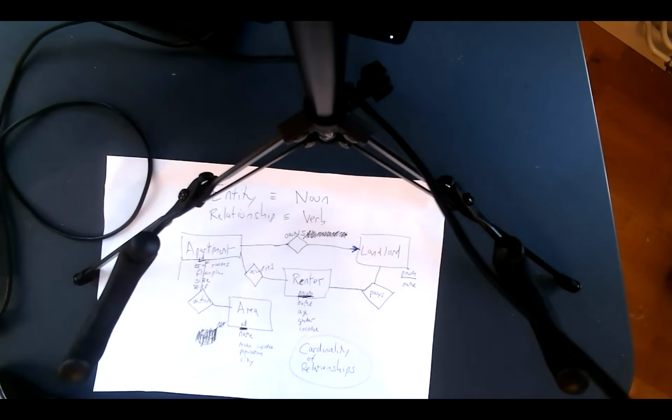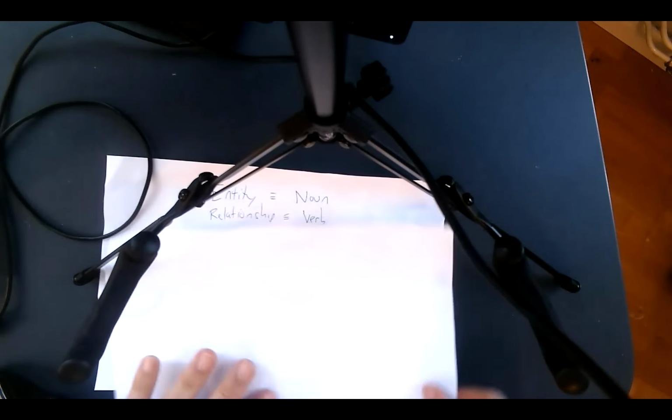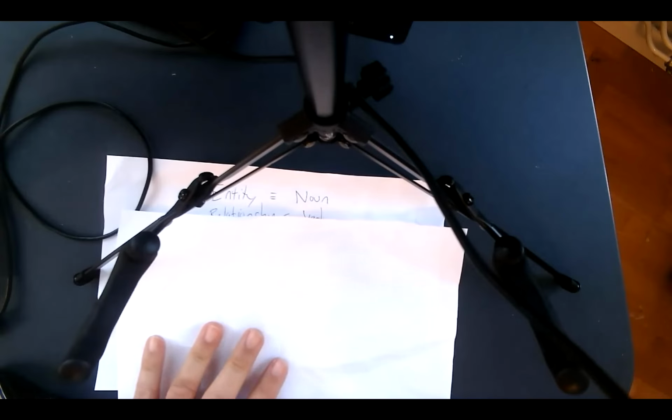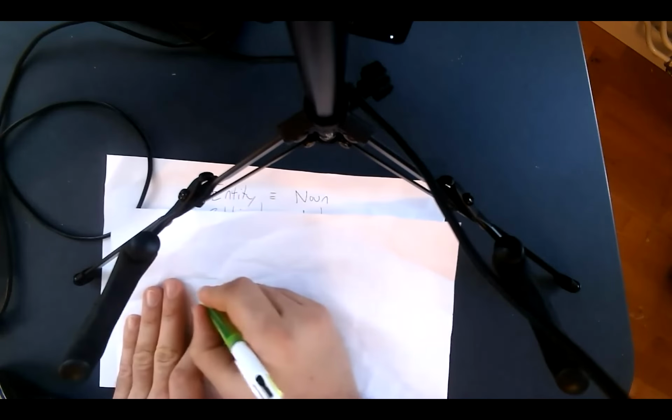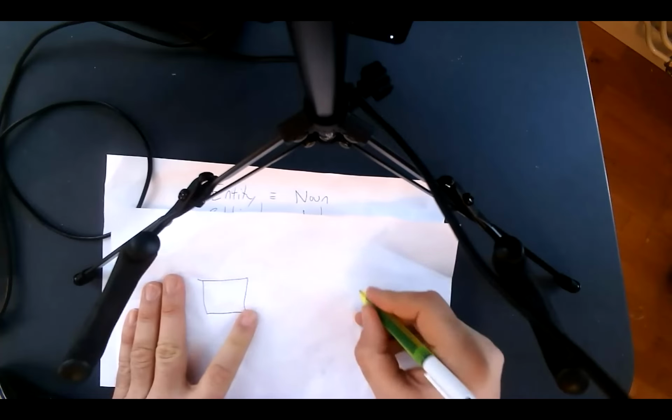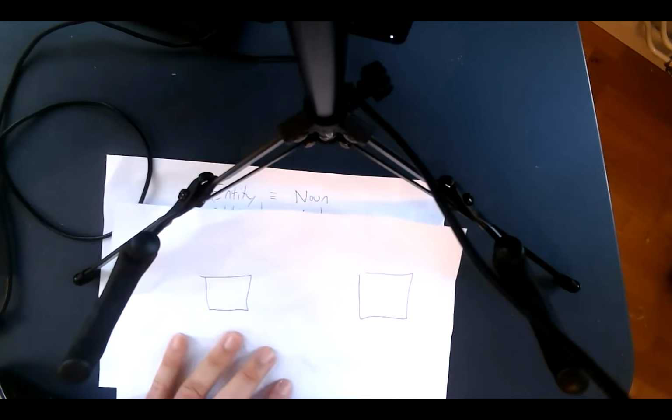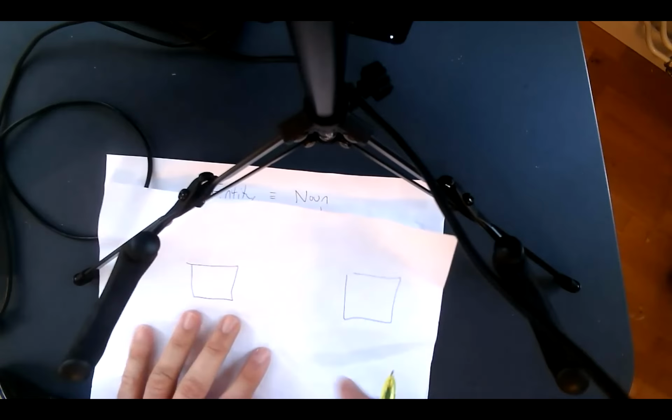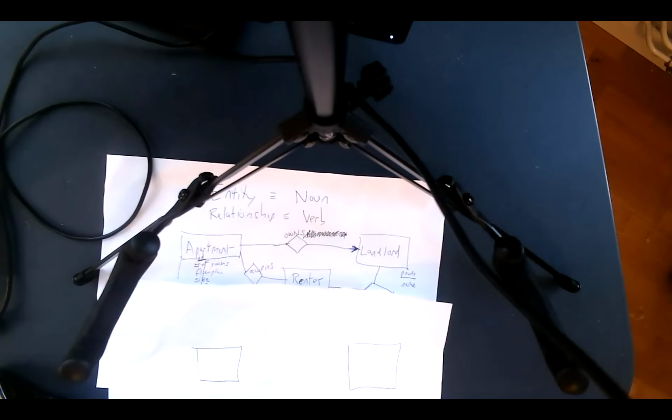That's the old-fashioned notation. Let's show a more modern notation, which is the one I prefer that you use, and it's very widely used now. It's called crow's feet. And here's how crow's feet works. Crow's feet has some limitations, some problems.